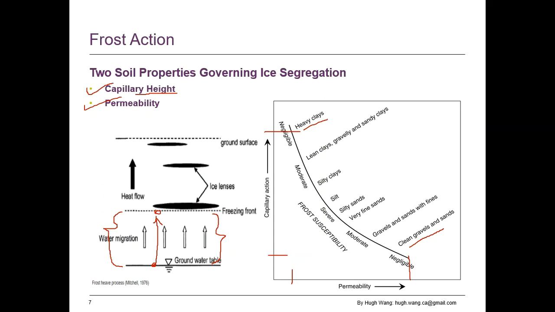Experience showed that the soils that have moderate capillary action and moderate permeability are most susceptible to frost action. These will be the soils located in the middle portion of this chart.